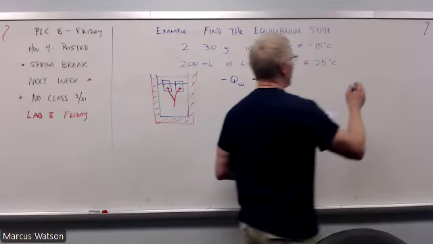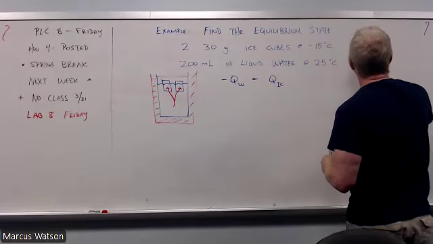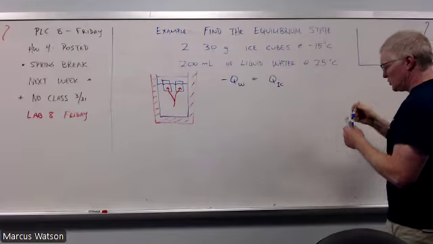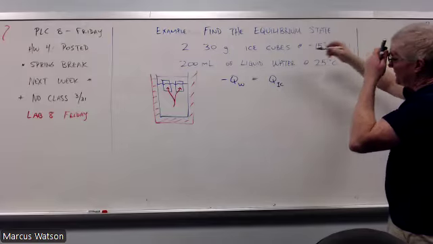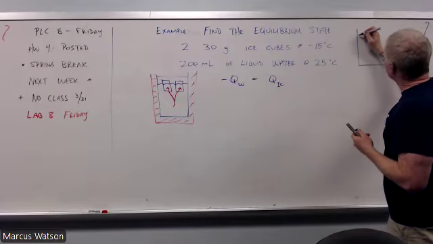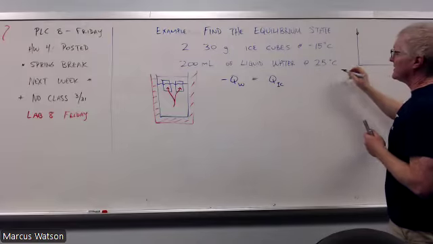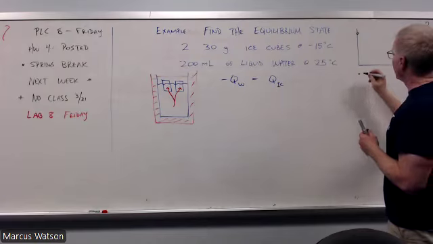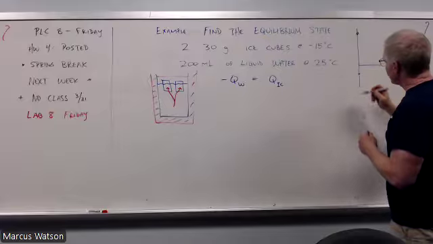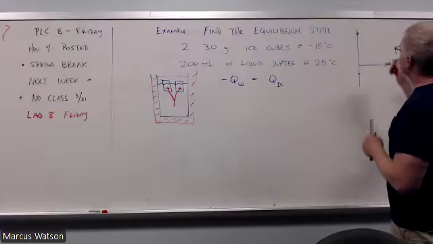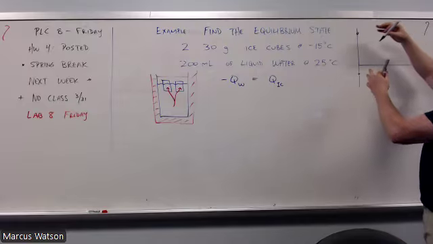So the question comes in as to what happens to these two substances. I have the liquid water at 25 centigrade, say up here, and I've got the ice cubes at minus 15, which is, say, down here. And the question is, how are they coming to equilibrium?